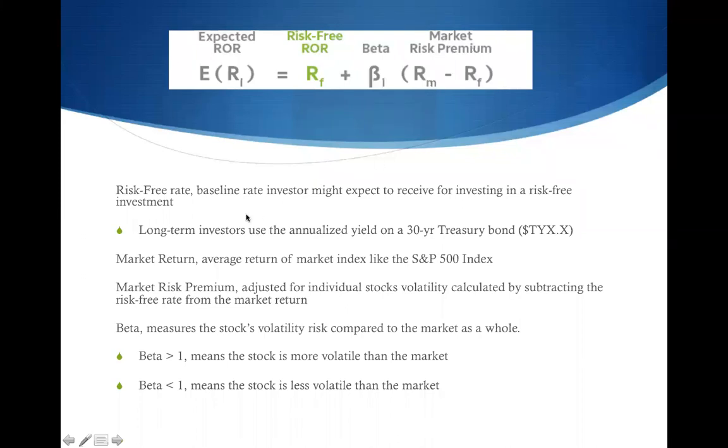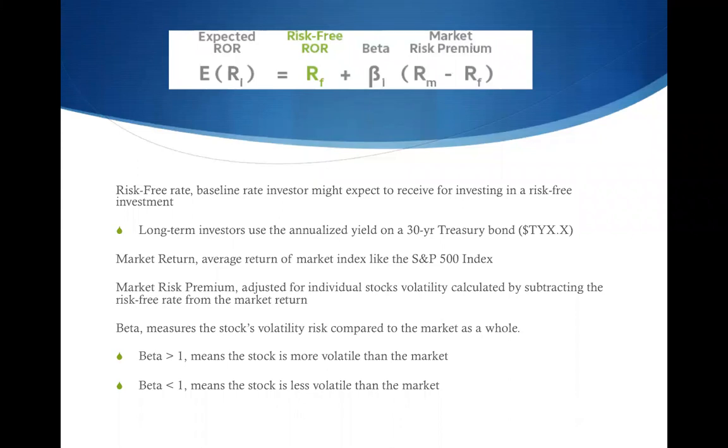Long-term investors use the annualized yield on a 30-year treasury bond, ticker symbol TYX.X, which tracks the annualized yield of the 30-year treasury bond. That's like the bottom floor that an investor would look at for their returns. So it's not something that's really going to be actualized at the time that you're looking at it.